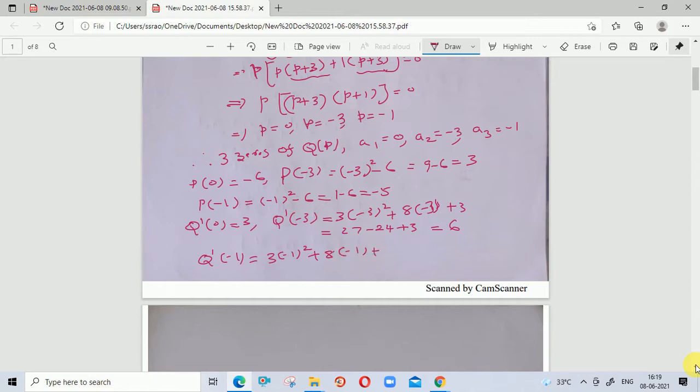So 3 minus 8 plus 3, that is equal to -2. Okay, right?